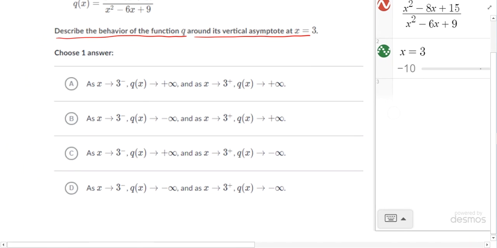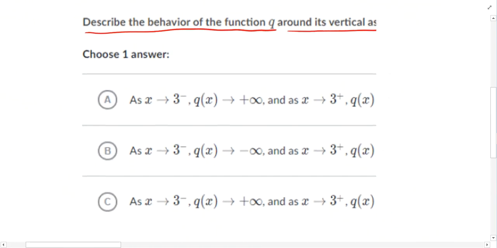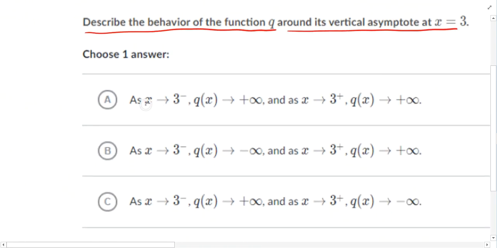Now, some new notation that you might not be familiar with is this idea of x arrow 3 minus. Well, this is our way of saying as x approaches the number 3 on the x number line, this little minus sign means from the left. And this little plus sign here means from the right.